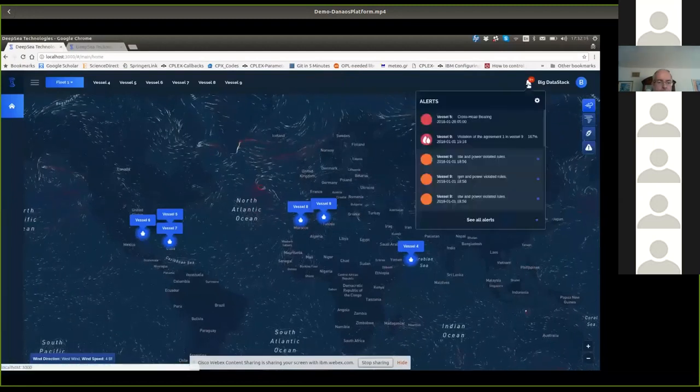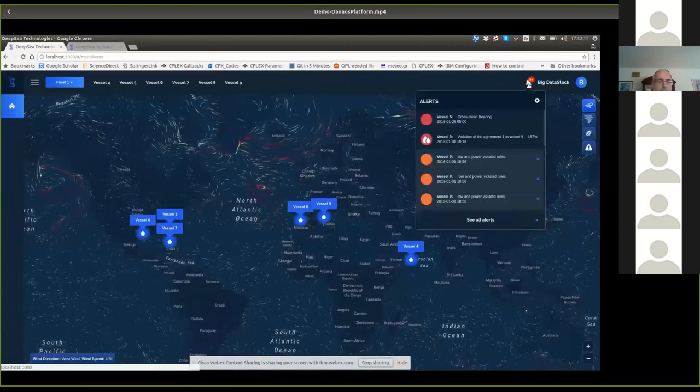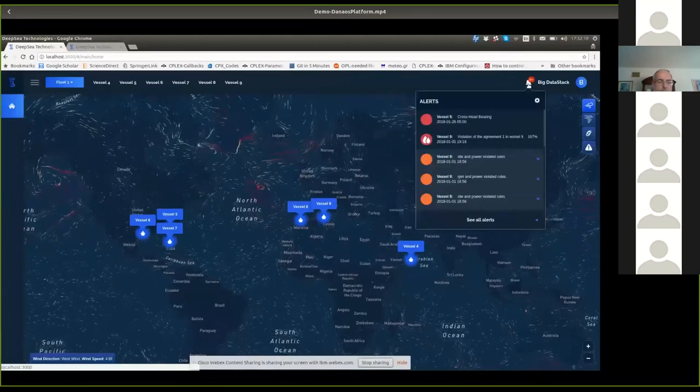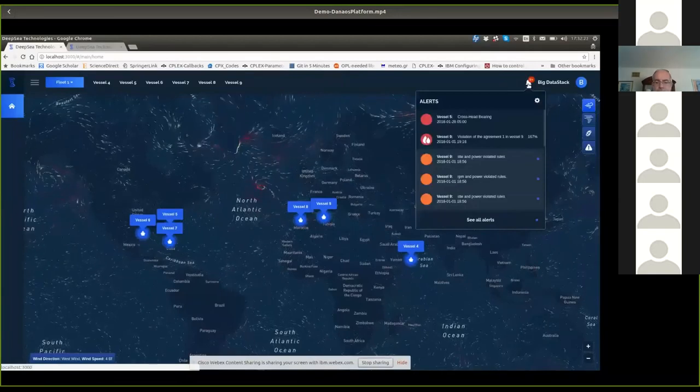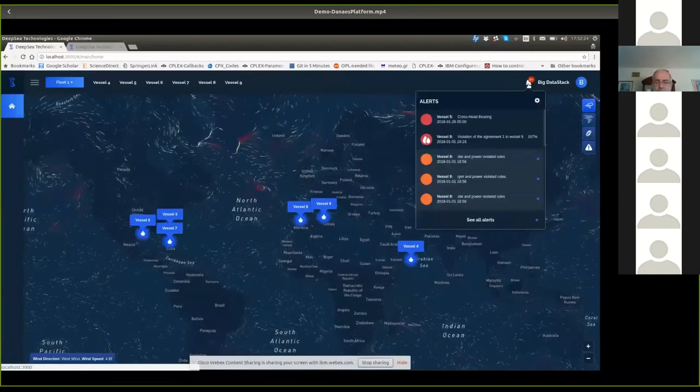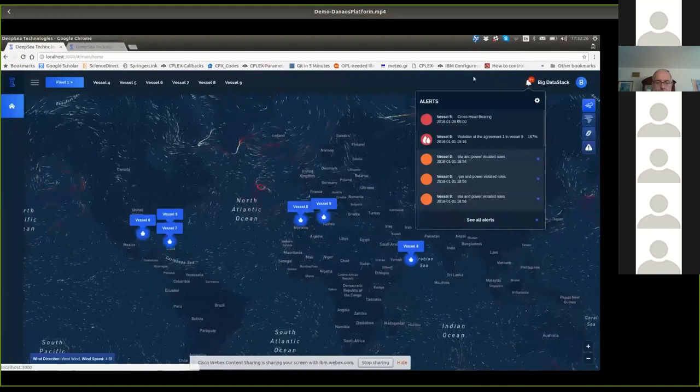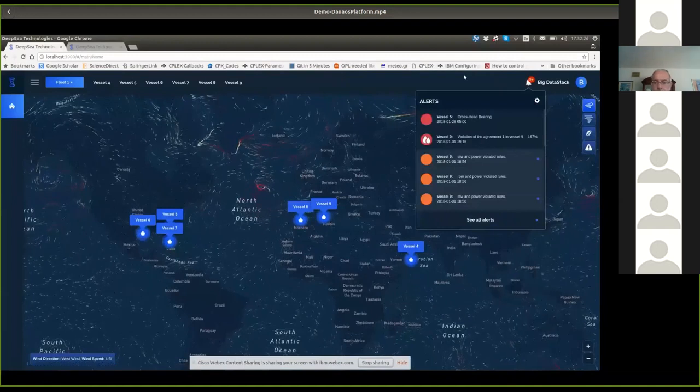So this is a list of alerts indicating that we have first a crosshead bearing alert, which is generated from the predictive maintenance algorithm. We have a violation of a business rule, which is basically the charter party agreement, a contractual agreement between the charterer and the ship owner.